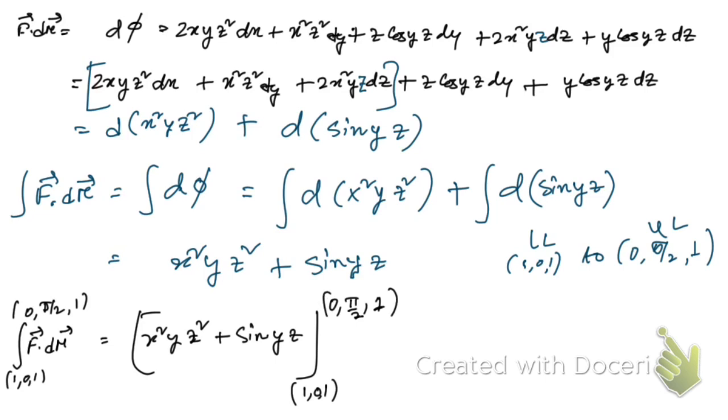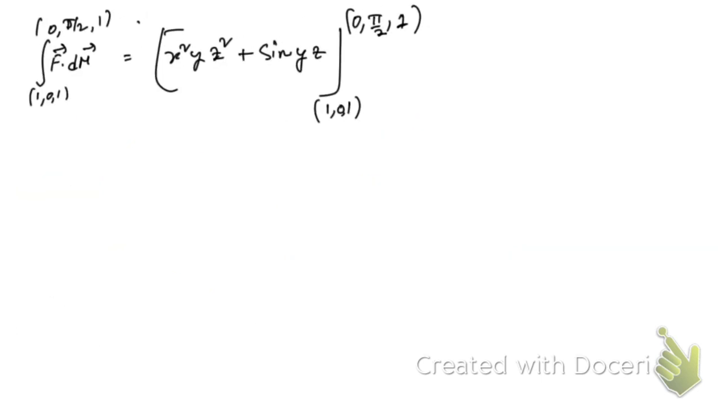So that's what we have got. Now let me copy the last step and go to the next slide. Here is the new slide and this is the last step we have got.